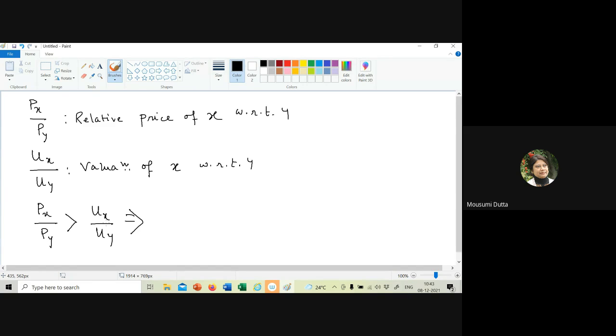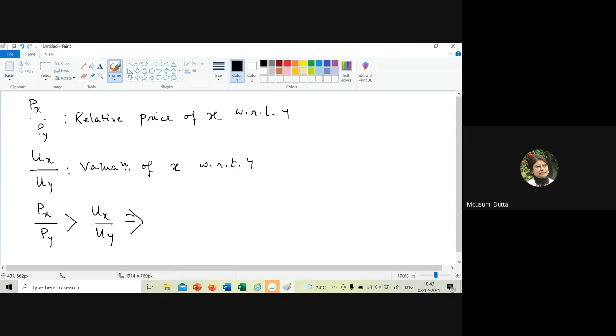This is the left hand side. On the other hand, the right hand side is what additional satisfaction, marginal utility, you are getting consuming one additional unit of x with respect to an additional unit of y.